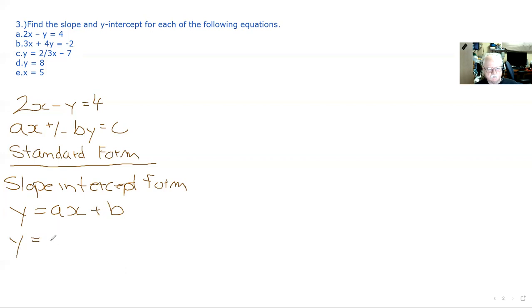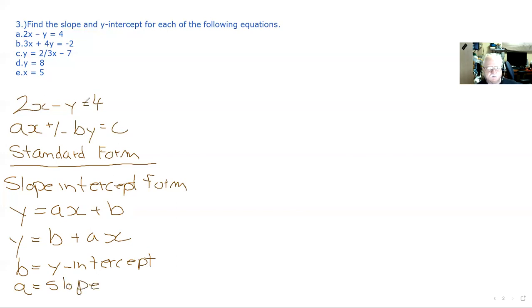It can be y equals b plus ax. Just depends on what the equation looks like after you solve it. But what's important is the number sitting on its own, in this case b, equals the y-intercept, and the number multiplied by x, usually referred to as the x coefficient, is the slope.